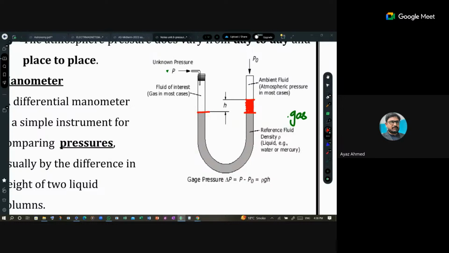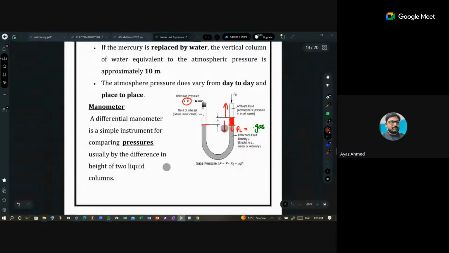That's why this is called the pressure of the liquid, and it is equal to the pressure of the gas. If the gas applies more pressure, the liquid would rise up over here, and if the pressure of the gas is decreased, the liquid would go down in this column.